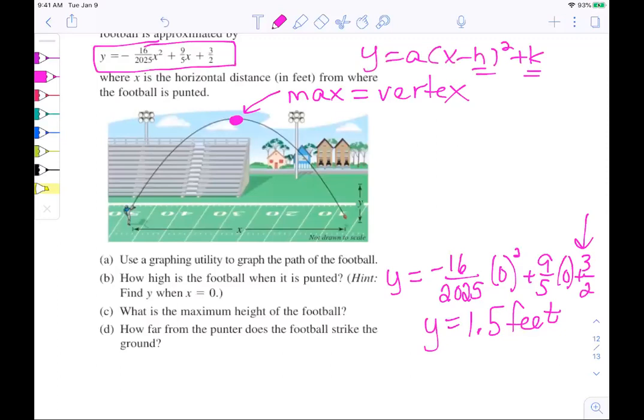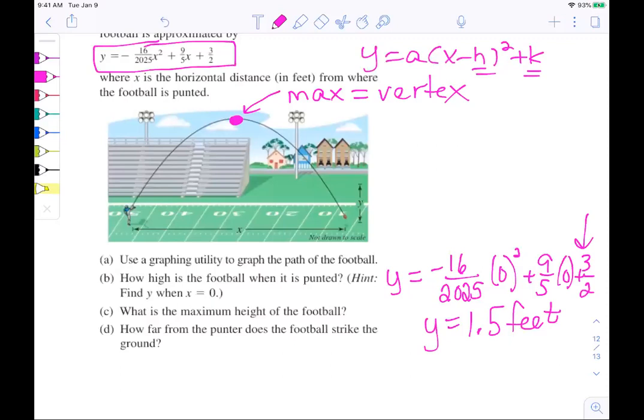But if I look at that equation, it has a coefficient of -16 over 2025. It also has a fraction of 9/5 and another fraction of 3/2. Completing the square would probably be extremely difficult. Doable, but definitely messy. So there is another way that we can find the vertex that we didn't do yesterday, but I gave you an equation that you could use.